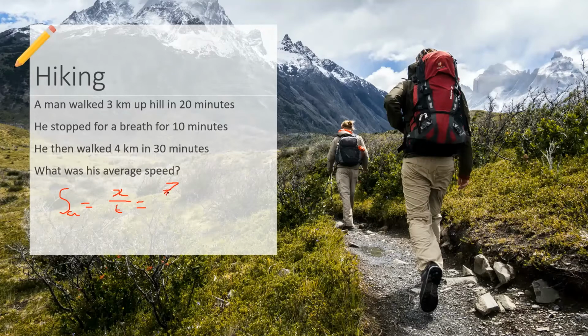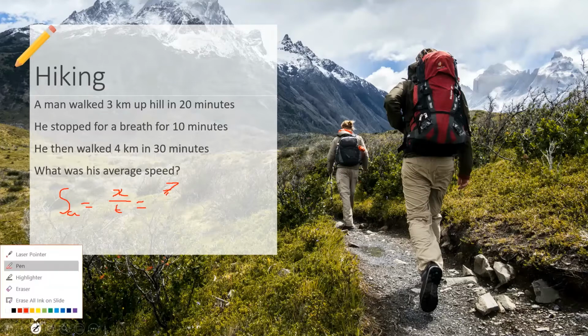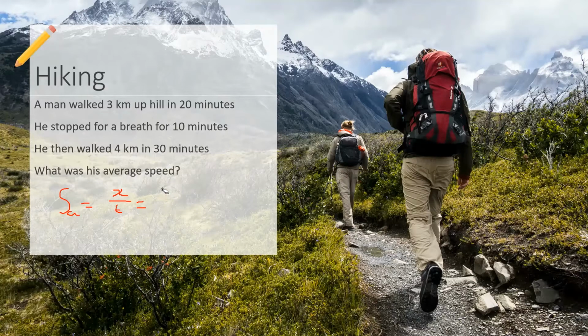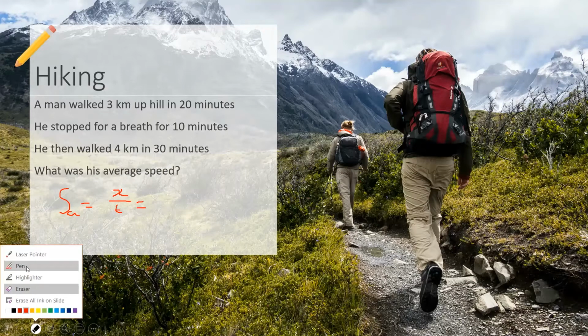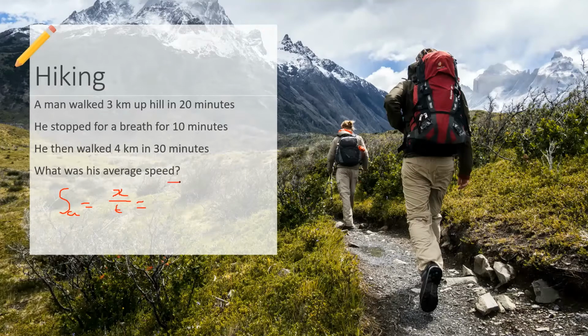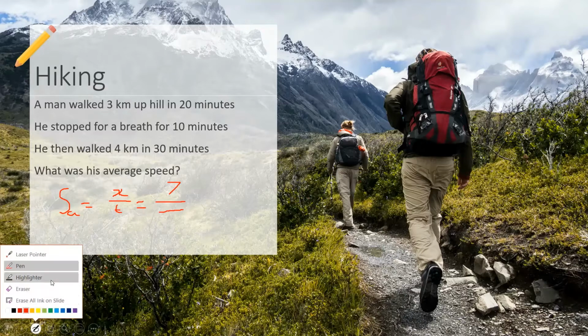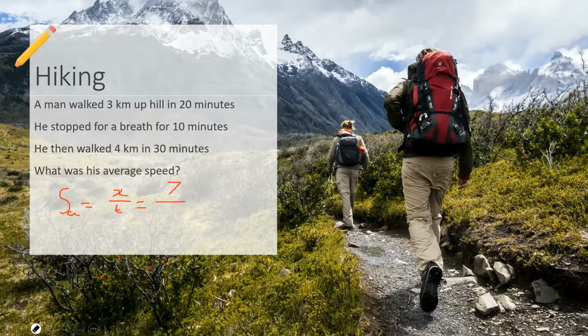Now, can someone tell me what's the total time taken? 60 minutes. So we're just going to replace this with 1 hour. 7 divided by 1 is going to be equal to 7 kilometers per hour.